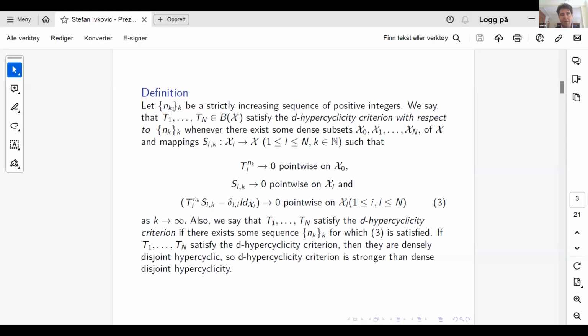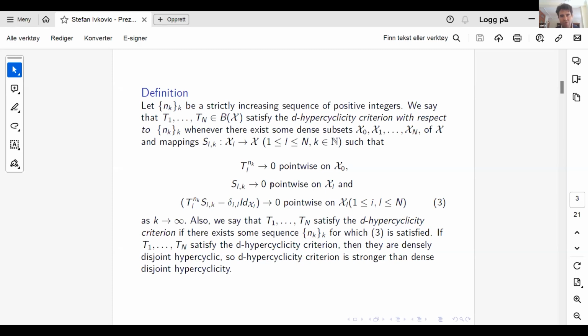If you have a strictly increasing sequence of positive integers, then we say that this sequence of operators satisfies the D-hypercyclicity criterion with respect to this sequence of integers whenever there exist some dense subsets X0, X1 up to Xn of X, and mappings S_{l,k} from X_l into X, where l is between 1 and n and k is a natural number, such that this sequence of operators converges to 0 pointwise on X0.